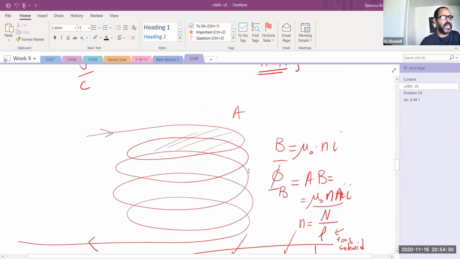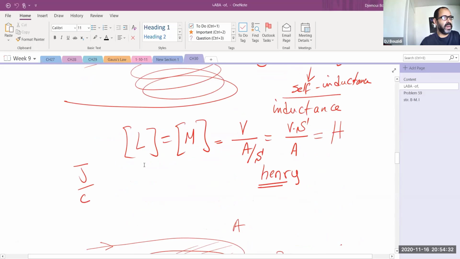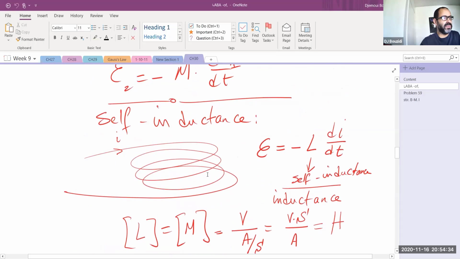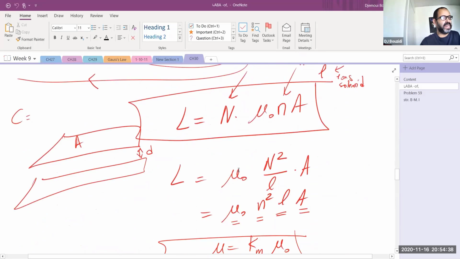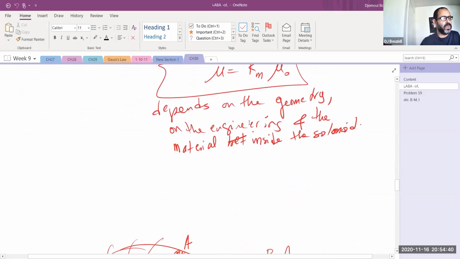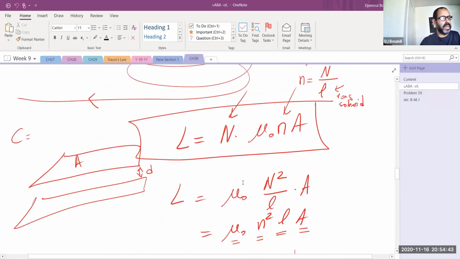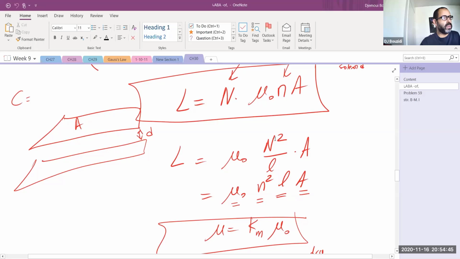But then we define the self-inductance as a similar phenomenon, except that the wire will act on itself, and we ended up with a similar expression, but now we have the inductance for that. So we were able to find the inductance, namely mu naught n squared, where n is the number of turns divided by the length of the solenoid, times the area A, okay?